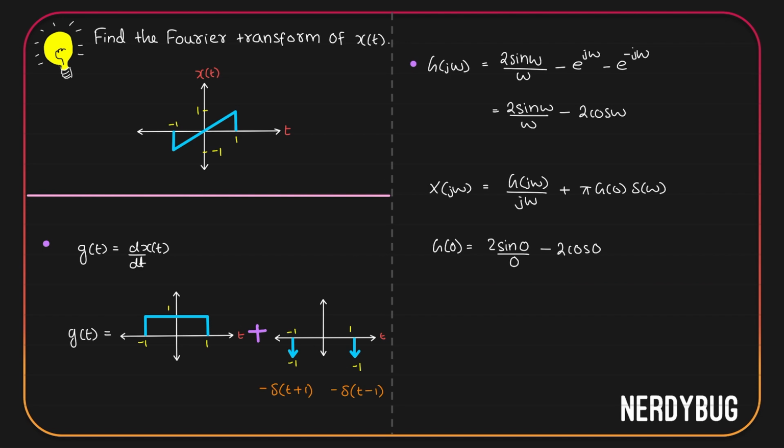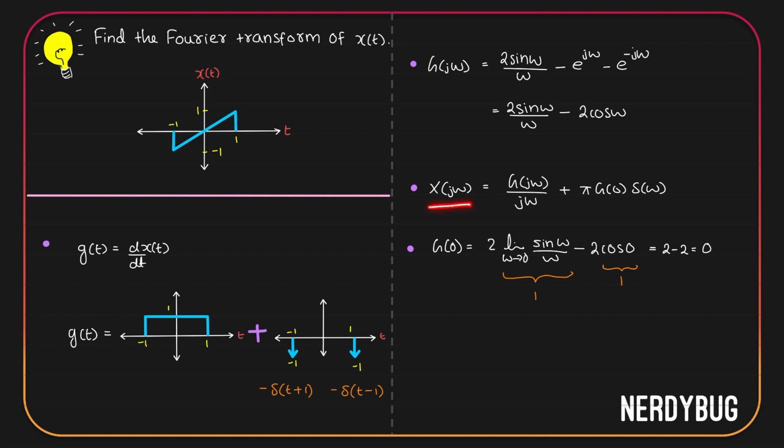So instead of writing sine 0 by 0, we can write limit omega tends to 0, sine omega by omega. Now this is equal to 1 and cos 0 is also equal to 1. So g of 0 is simply 2 minus 2 or 0.